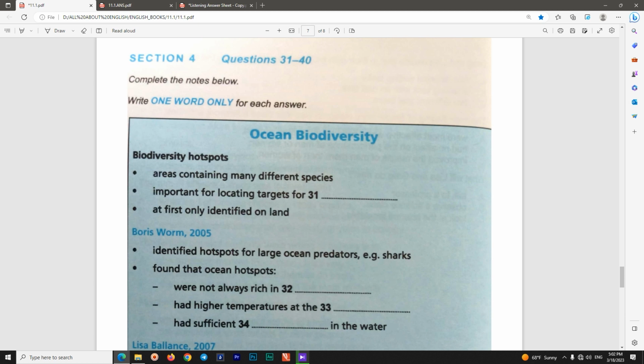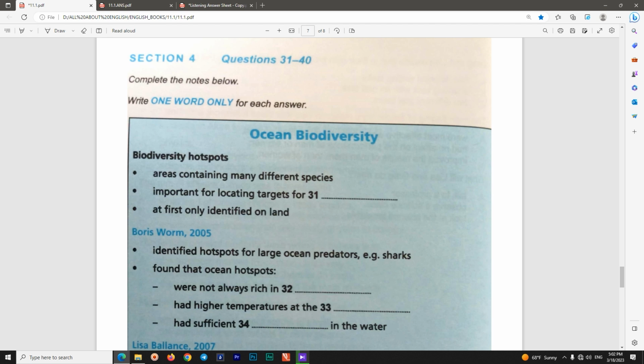Biologists can identify hotspots on land fairly easily, but until recently, very little was known about species distribution and diversity in the oceans, and no one even knew if hotspots existed there. Then a Canadian biologist called Boris Worm did some research in 2005 on data on ocean species that he got from the fishing industry.